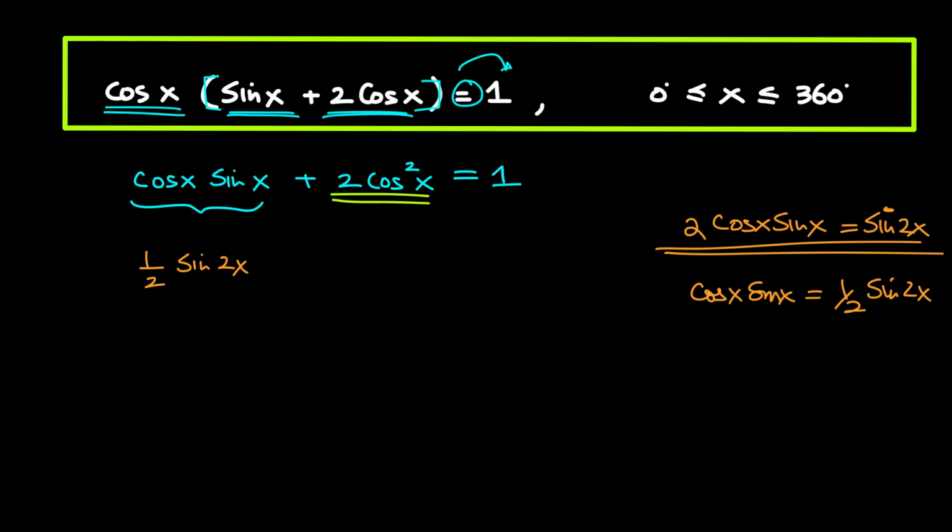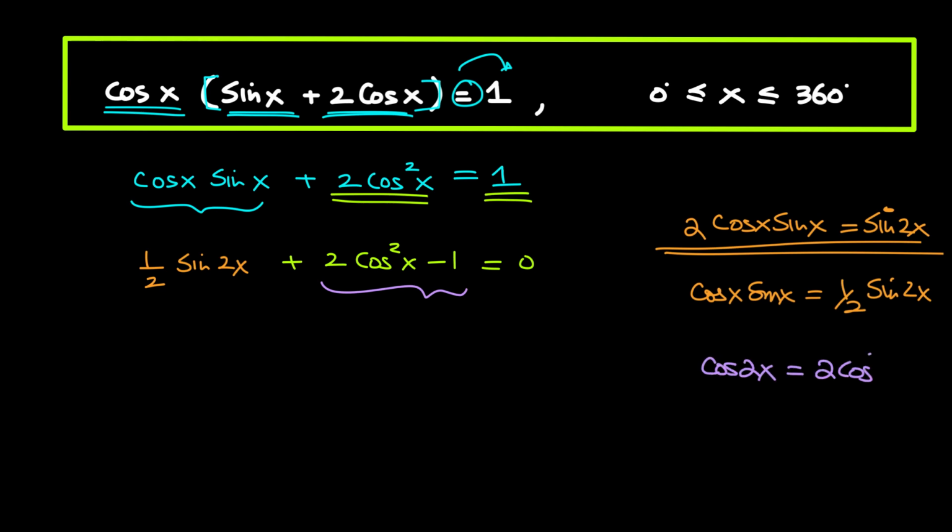Similarly, 2 cos square x equals 1 can be written as 2 cos square x minus 1 equals 0. This is the expansion of cosine 2x. One of the formats is 2 cosine square x minus 1. Replace 2 cosine square x minus 1 with cosine 2x. And now the equation is all set to be solved.